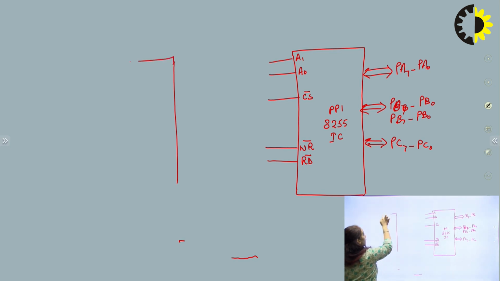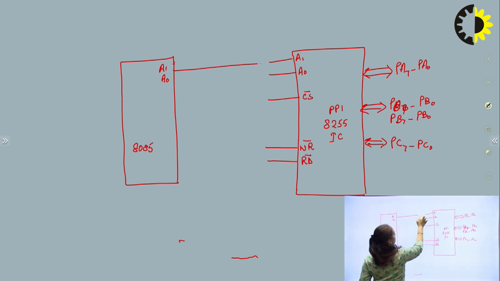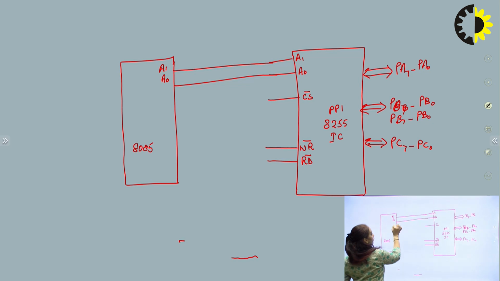So we know that in 8085, the A1 and A0 lines will be directly connected to these lines. The 8085 has 16 address lines, but because we are interfacing IO devices, we know that an 8-bit address should be used.